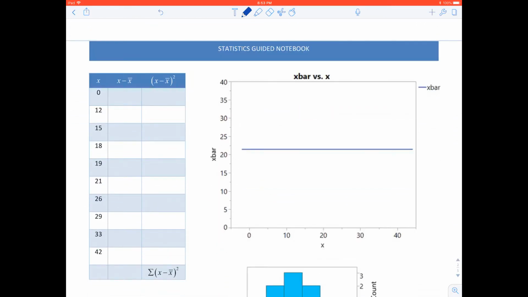So we need to think about, what is happening? I made a little bit of a scale here, and I ordered the data. So this is the data of x values, and we have 0. This would be 12.